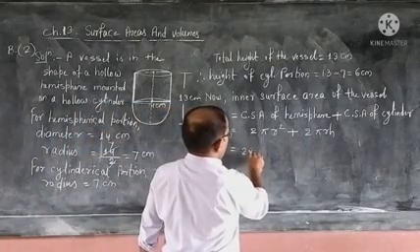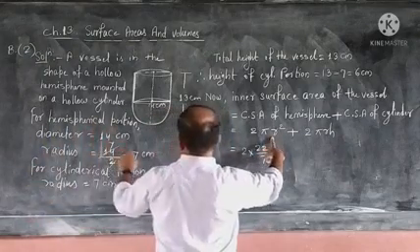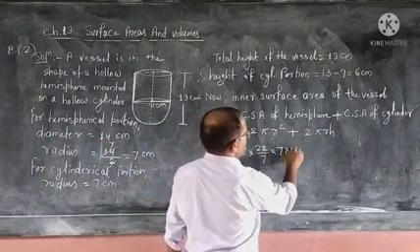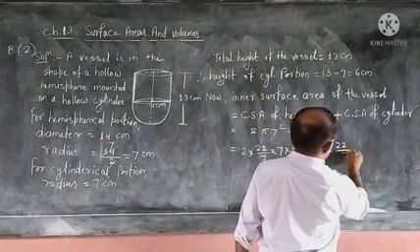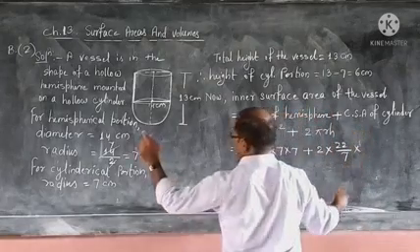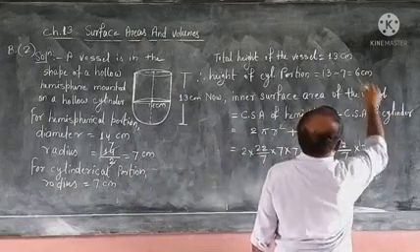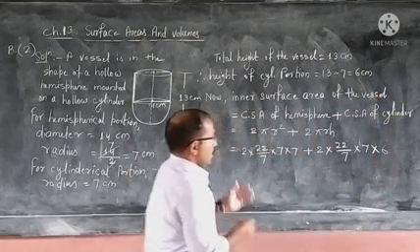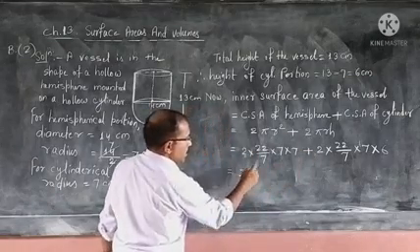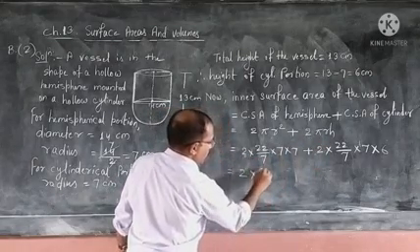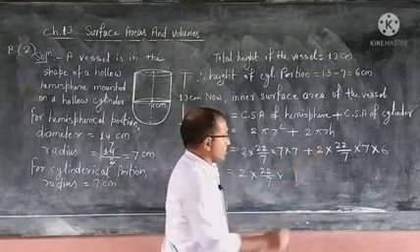So, 2 pi is 22 by 7, radius of hemisphere 7. So, 7 square, 7 into 7, plus 2 pi 22 by 7, radius of the cylindrical portion is also 7 only, and height of the cylindrical portion is 6. Now, simplification, what can we do here? 2 is common, 22 by 7 is also common in both. Then again 7 is also common.